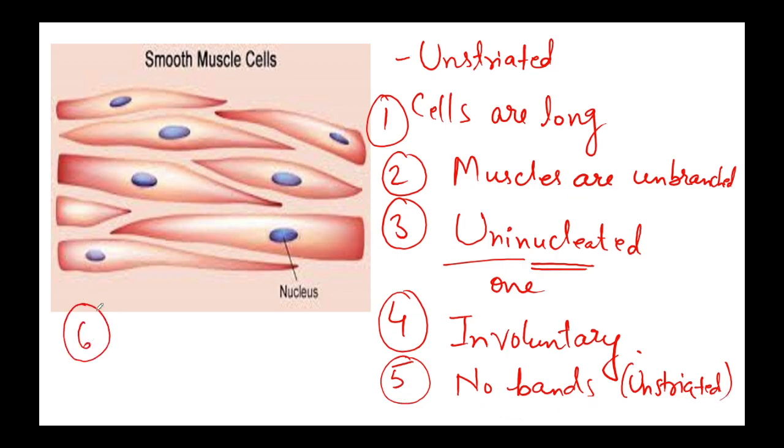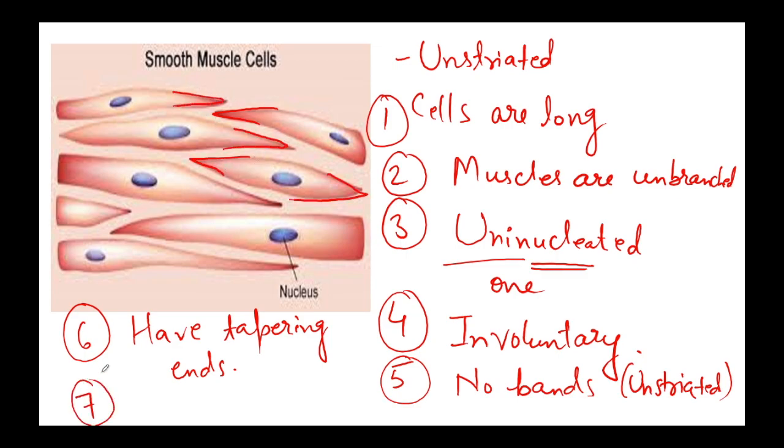Number 6 characteristic feature, they have tapering ends. What do you mean by tapering ends? It means pointed ends like this, they are known as tapered ends. Number 7, the location in our body. I have already told you: the muscles of the iris in our eye, bronchi, alimentary canal, uterus, inner lining of blood vessels, urinary bladder, right?